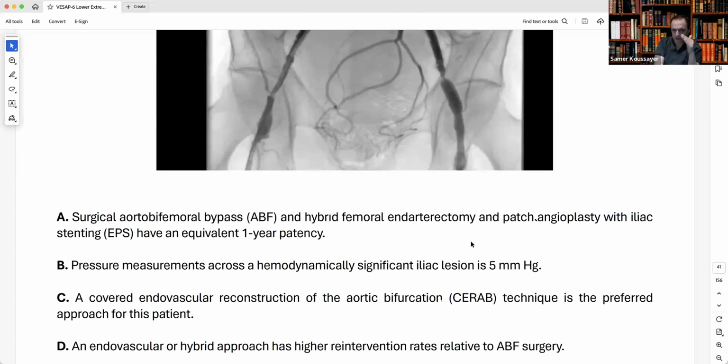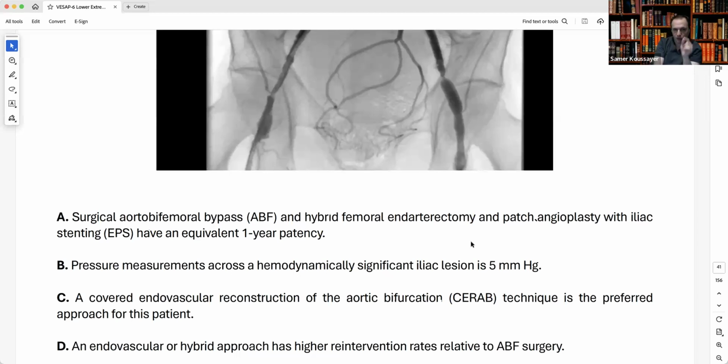You can see the pressure will be the same or drop. If it doesn't drop, that means good. It may drop 2 or 3 to 5. Is this significant or not? When are you going to say, this stenosis is significant, I need to fix it? Usually it's more than 10 millimeters of mercury.